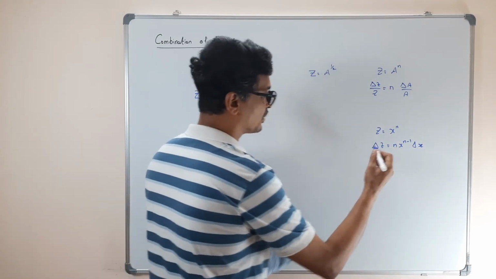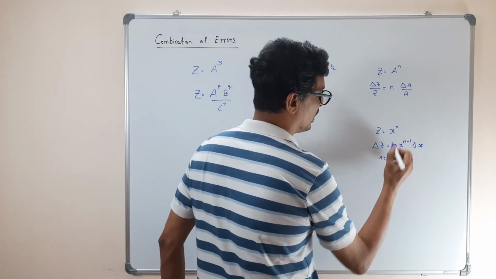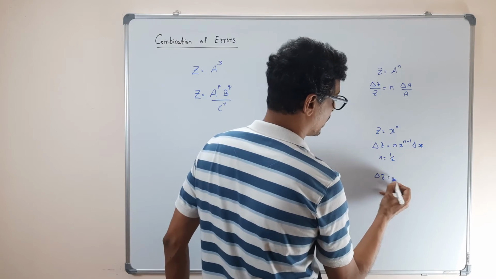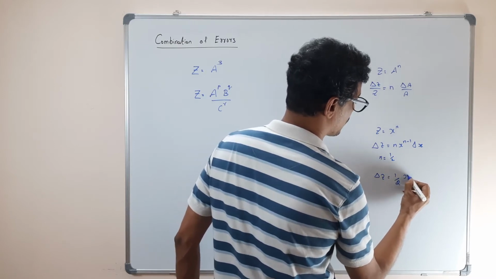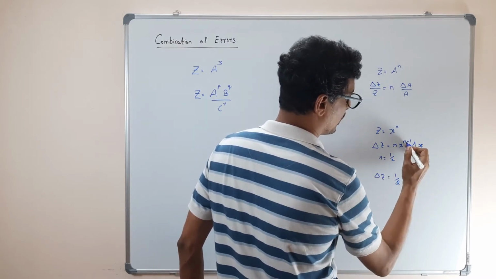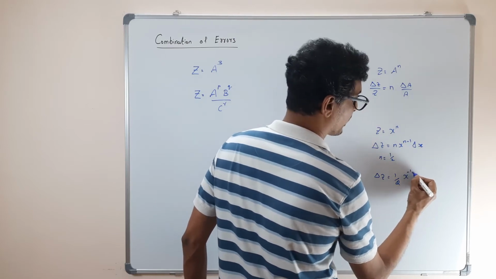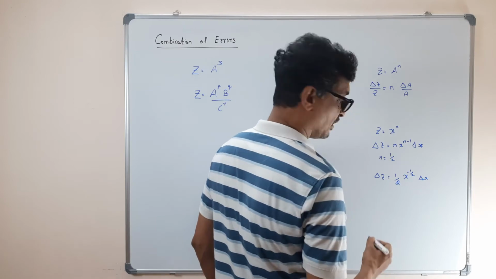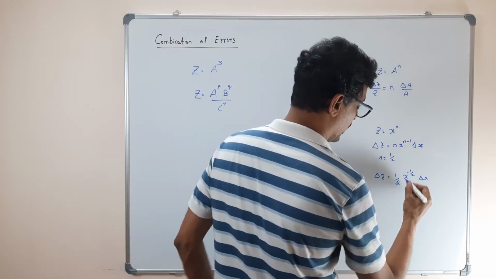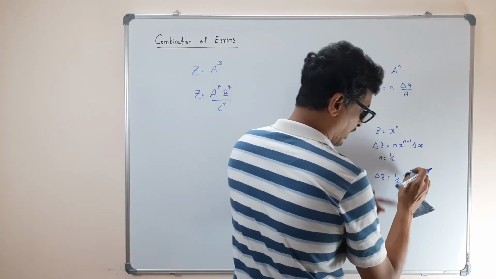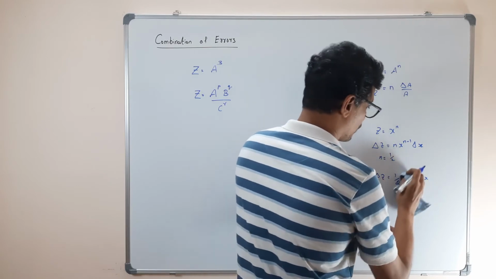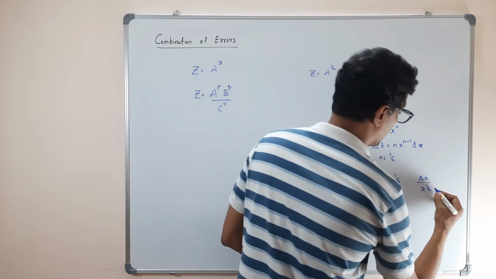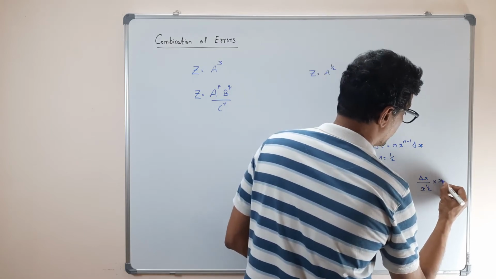So if you write n equal to half, then delta z will become half x to the power of half minus 1, that becomes minus half, and delta x. Half minus half, I can write as 1 by x power half. I will multiply above and below with x power half.